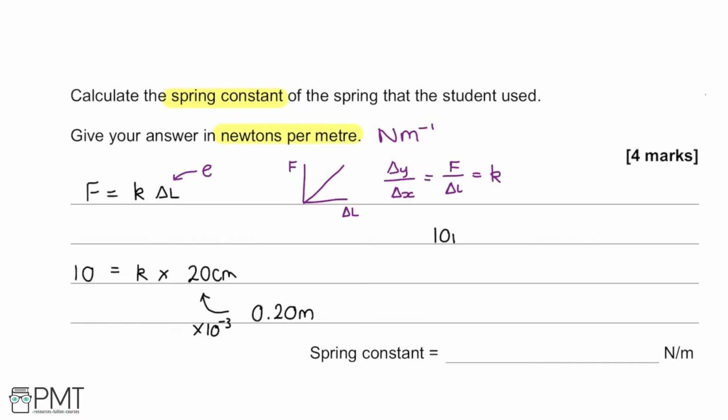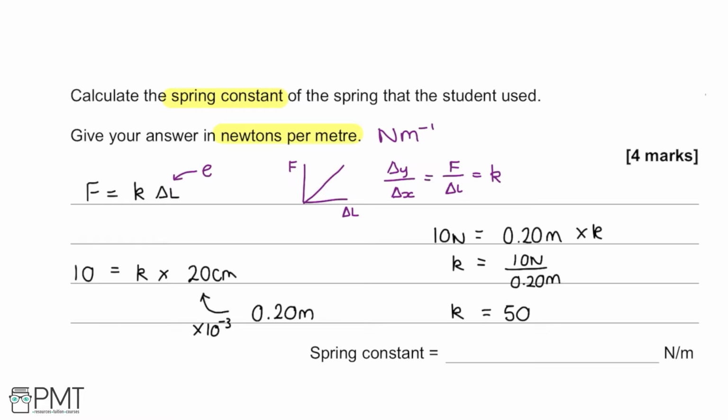So now I have that 10 newtons is equal to 0.20 metres times K. If we divide both sides by 0.2 metres, we have 10 newtons divided by 0.20 metres. And if we put that into our calculators, that's going to give us a value of K of 50.